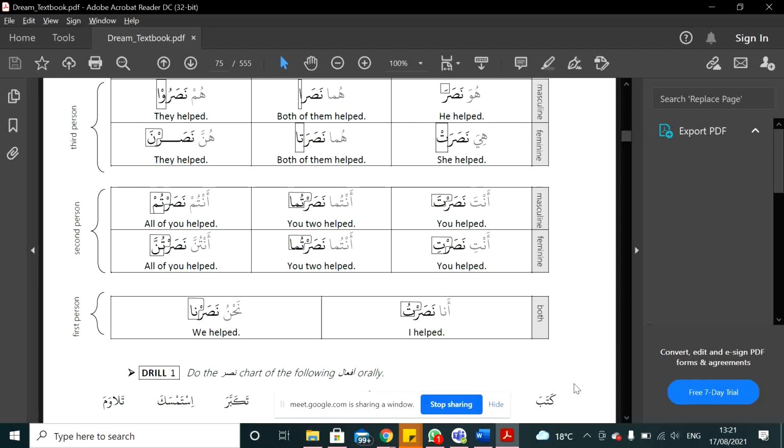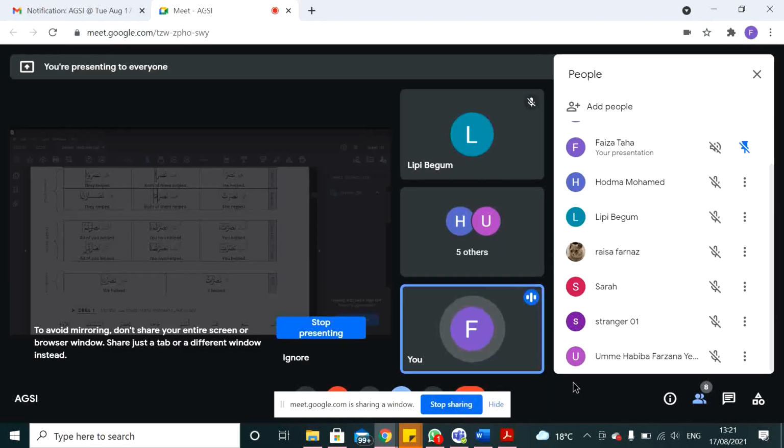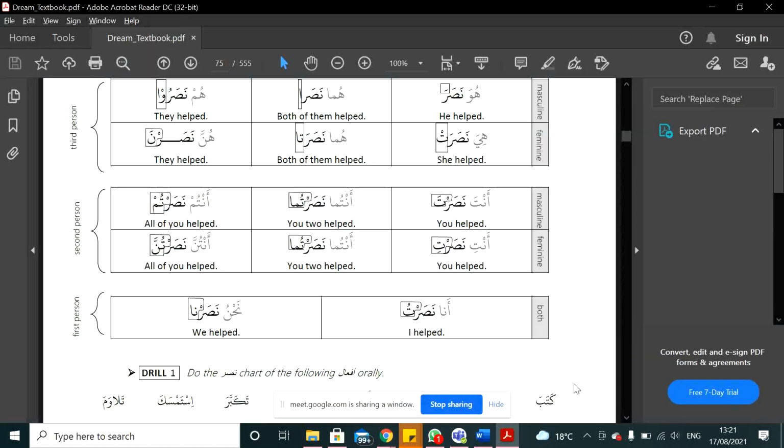Very fluently, mashallah. Now we have Sister Raisa. I want you to do takabbara, but I want you to do it with English as well. Takabbara means to feel pride, right? Like he's proud, she's proud.